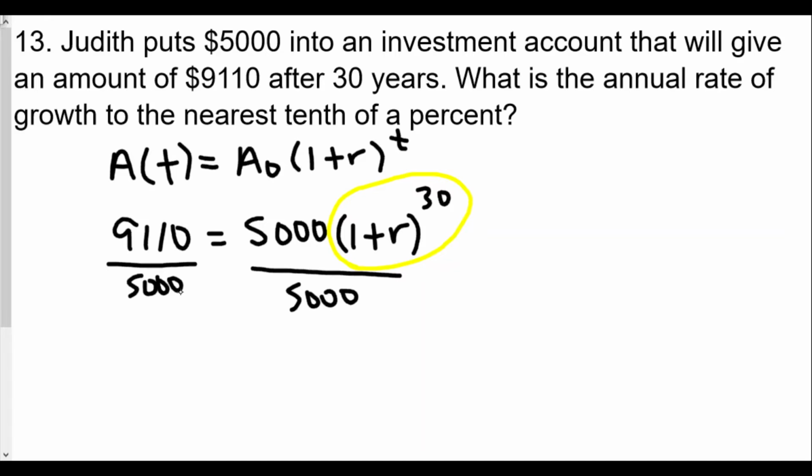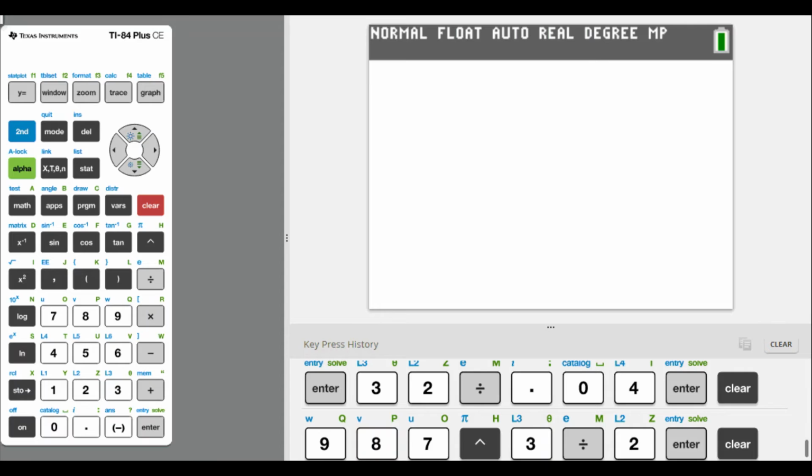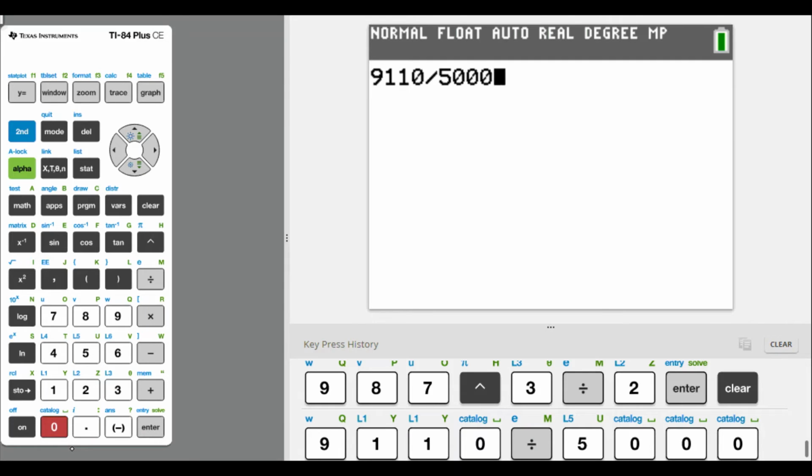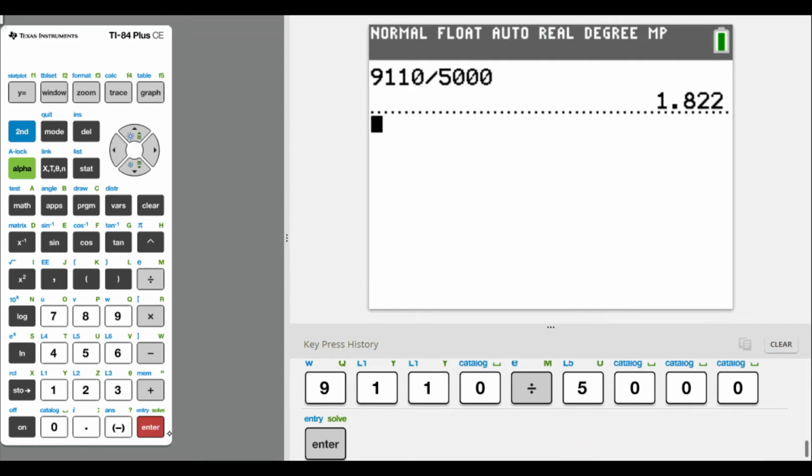Now, we can divide 9,110 by 5,000, use a decimal. 9,110 divided by 5,000 is 1.822. That's not so bad, so we can leave it at 1.822.